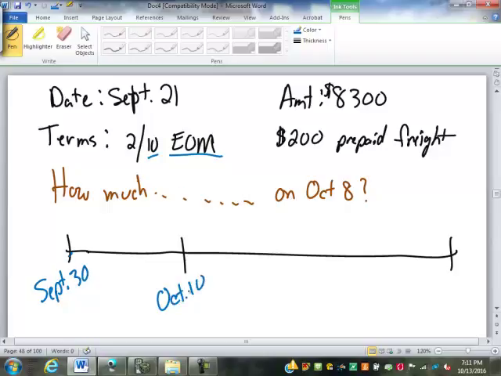It's October 10th. It's EOM, so that means your effective date is the last day of the month that it's in. It's in September, so it's the last day of September. So our discount period, 2/10, will always be on the 10th of the next month. And the end of our credit period is always going to be on the 30th of the next month.